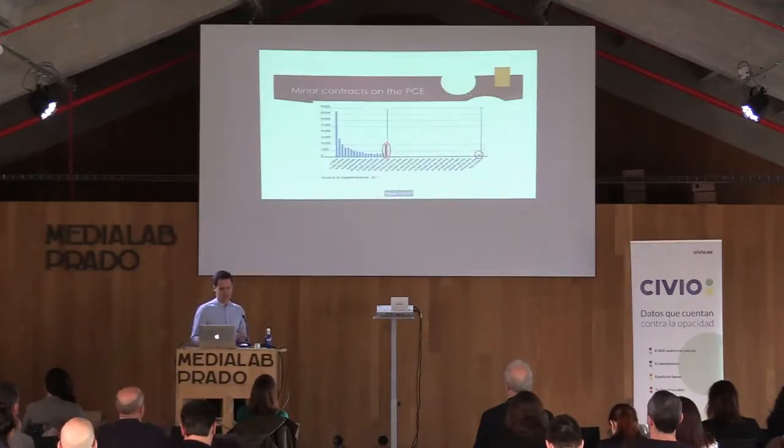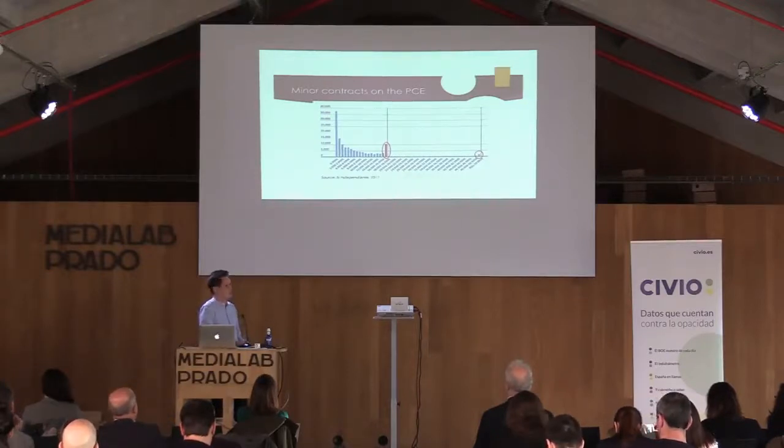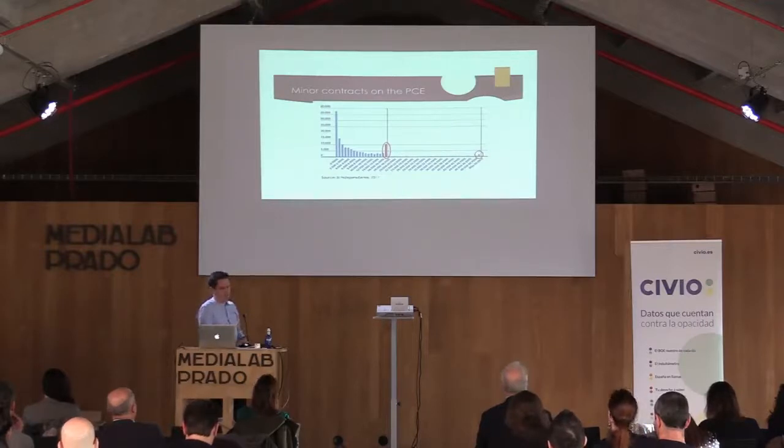To put this in context, Daniel was showing a picture like this, but this is for the case of Spain. This is all the minor contracts that were published in the government procurement platform. You can see a very beautiful peak just before the threshold, both for 17,999 and 49,999.